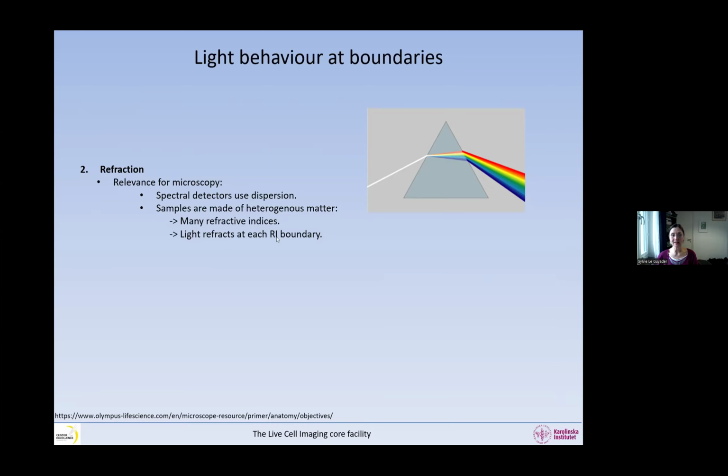So light refracts at each refractive index boundary. When we pass the lipid membrane, and then when we go through the nucleus, etc., we pass refractive index boundaries every time.